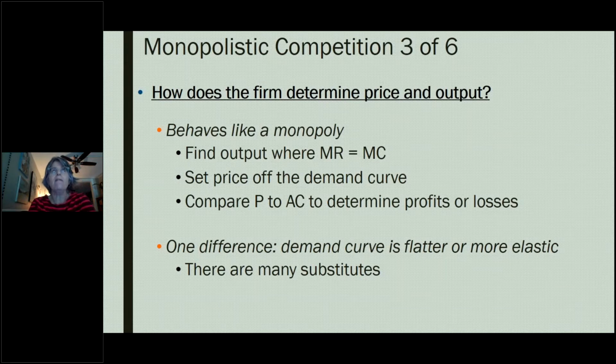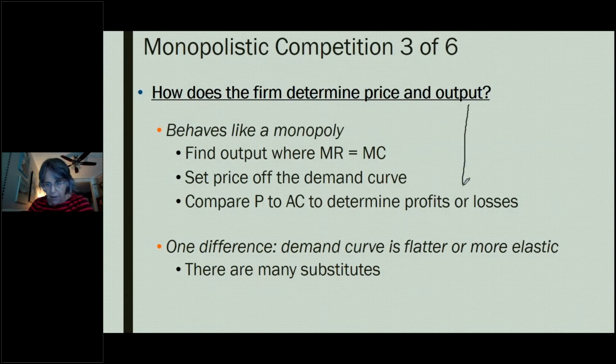So if you think of the perfectly competitive market structure, it has a perfectly horizontal demand curve. That means that it's perfectly elastic. Maybe I'll try drawing a little picture.